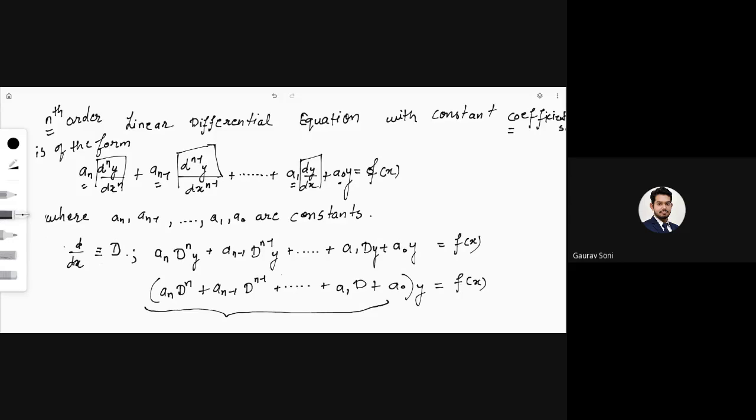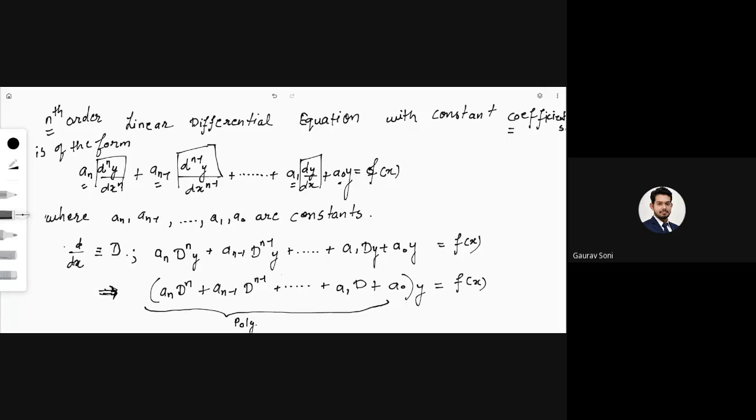So this kind of polynomial we have seen in the previous lecture. So in the place of variable D, there you had x. So this is a polynomial in terms of D. That is the reason why I recalled polynomials before we go to linear differential equation. So I'll just mention it over here.